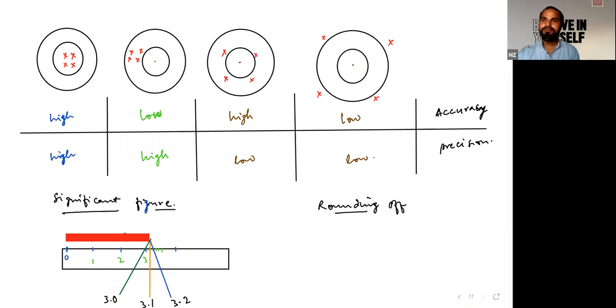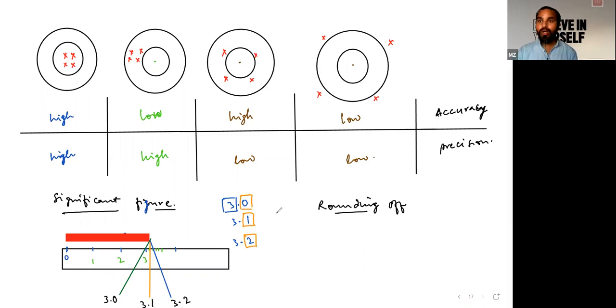Is it clear to everyone? Yes. So in all of these 3 measurements, whether 3.0, 3.1, or 3.2, the first value, which is 3, remains the same in all of the measurements. But there is some uncertainty about this digit, 2, 1, 0.